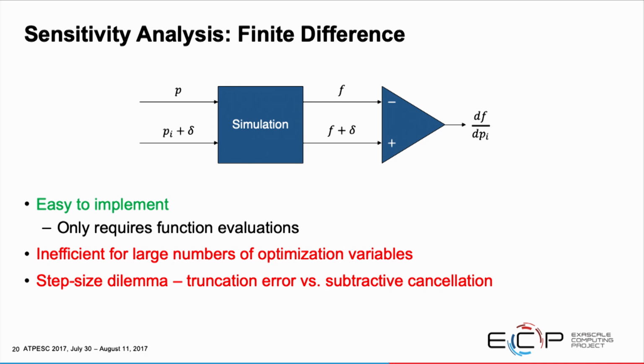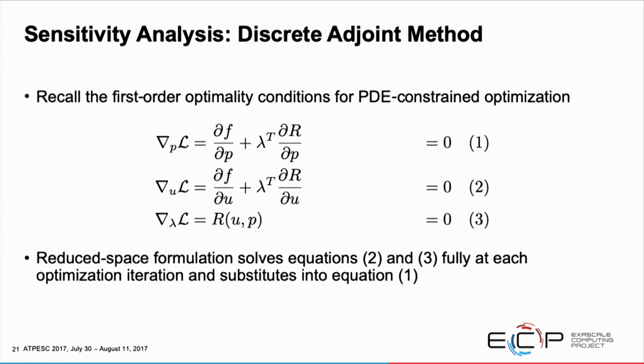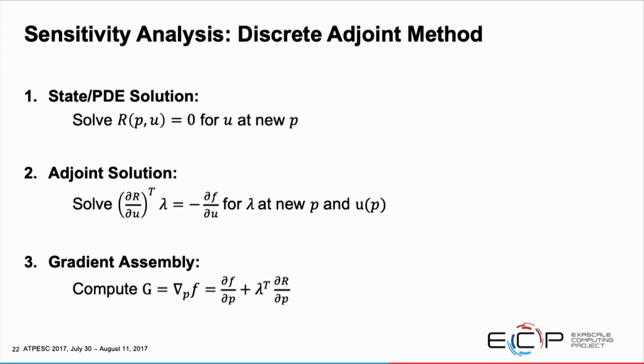The adjoint method is what you would want to do to get around these problems. And to describe what that is, I'll refer back to the optimality conditions that I put up before. The adjoint method is essentially solving equations 3 and 2 fully and plugging into equation 1. So we start by solving the PDE itself for a given set of optimization variables.